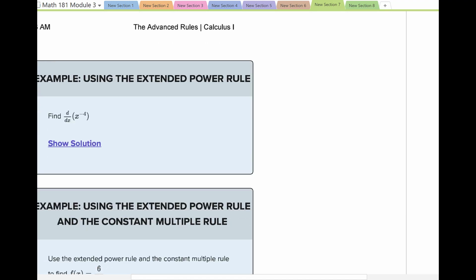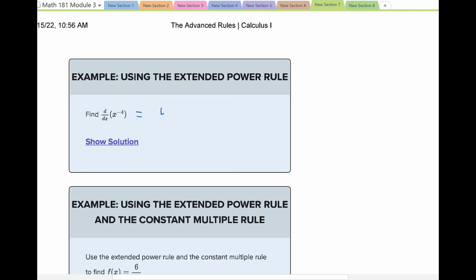So in a case like this, d dx of x to the negative 4, that's going to be negative 4 times x to the negative 4 minus 1, which is negative 4 times x to the negative 5.